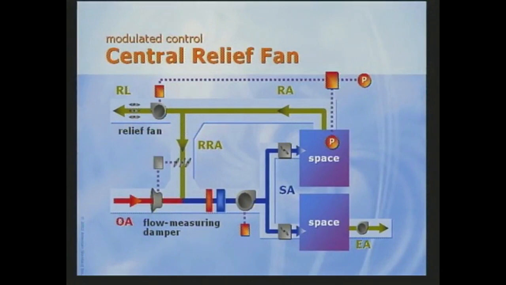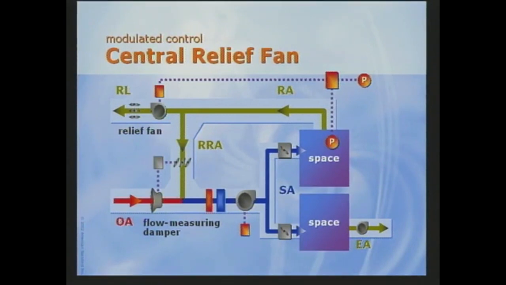One way to assure proper ventilation is to measure and maintain outdoor airflow. This can be accomplished using an airflow monitoring station and a modulating damper, or a combination flow measuring damper. In this example, we show a flow measuring damper modulates to maintain the proper intake airflow as supply airflow varies.